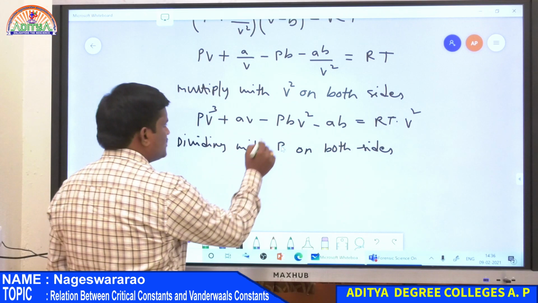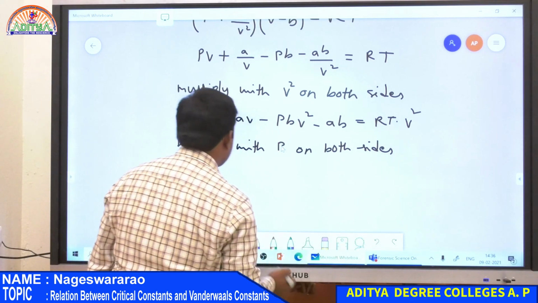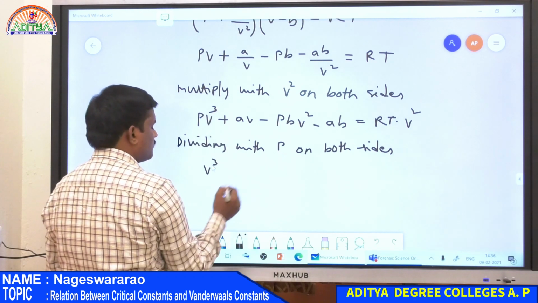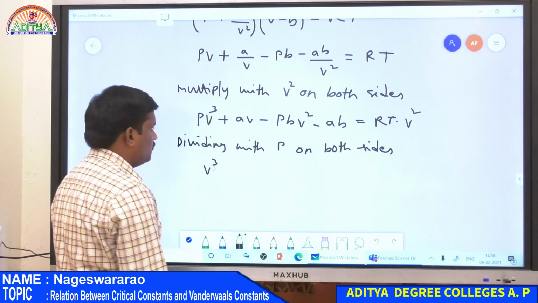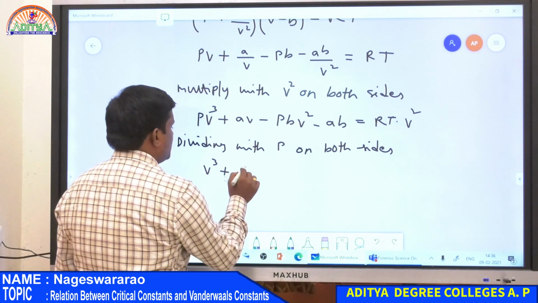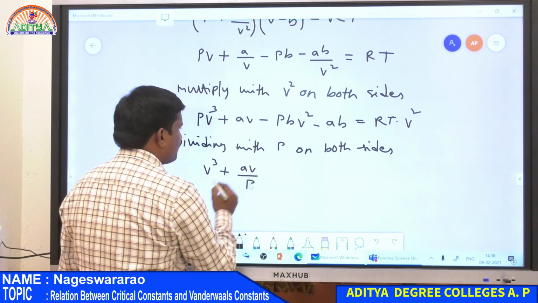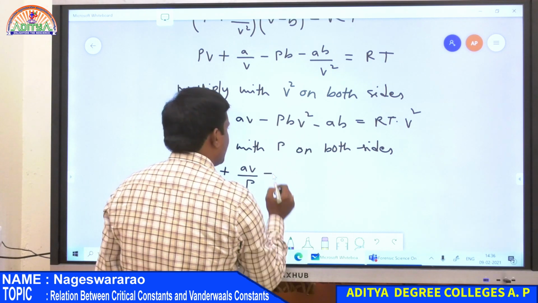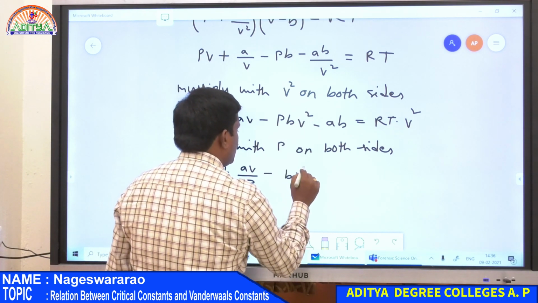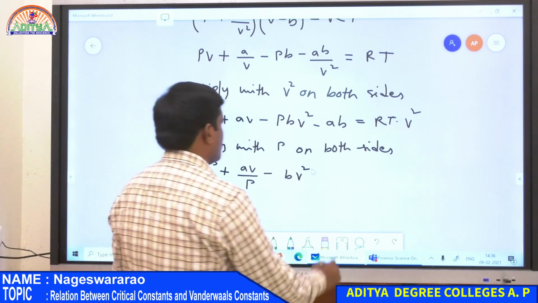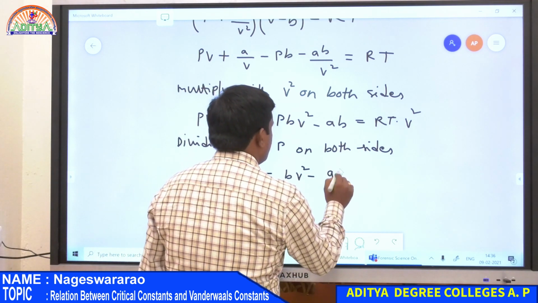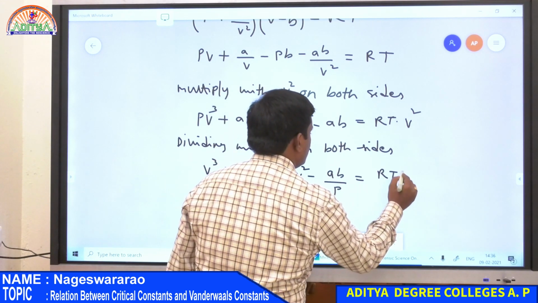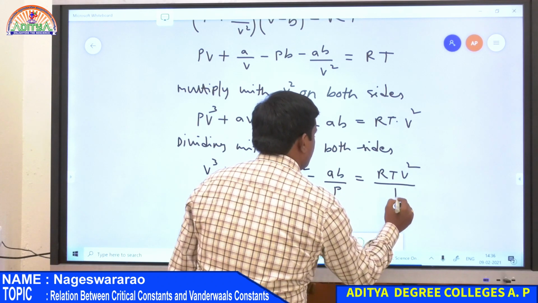Dividing with P on both sides, PV cube by P is simply V cube. Next, aV divided by P. Next, PbV square by P, P and P get cancelled, so this is simply bV square. Next, minus ab divided by P, that is equal to RT V square divided by P.